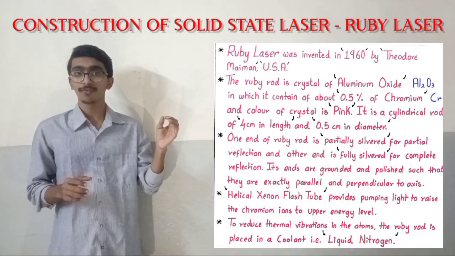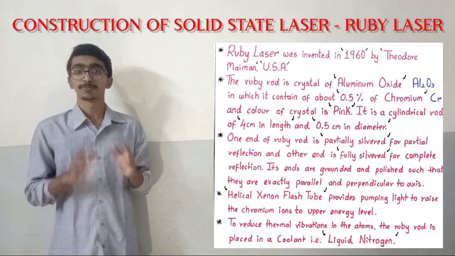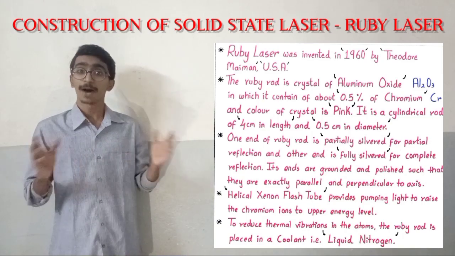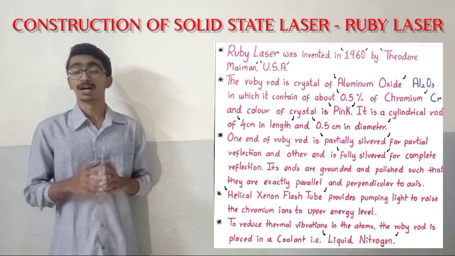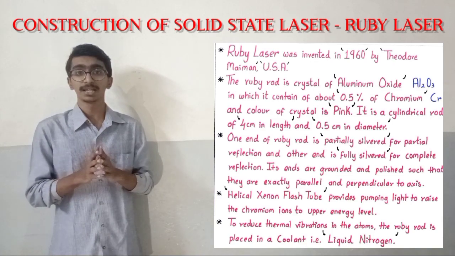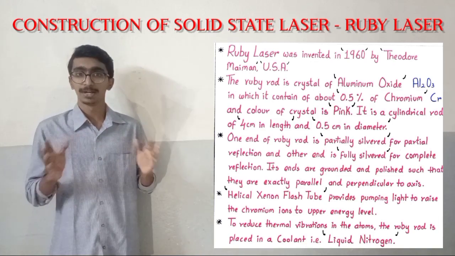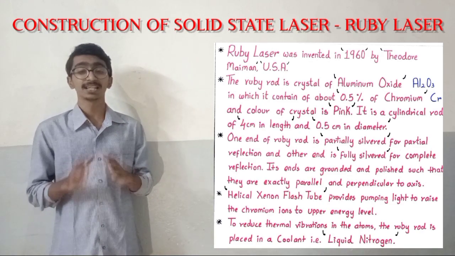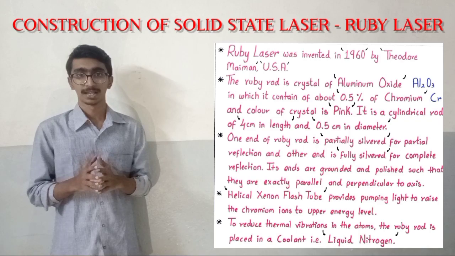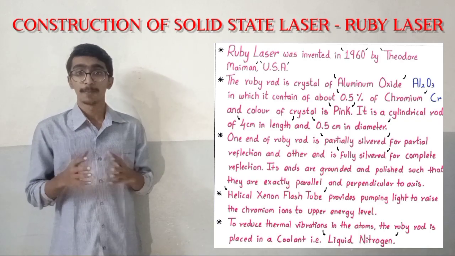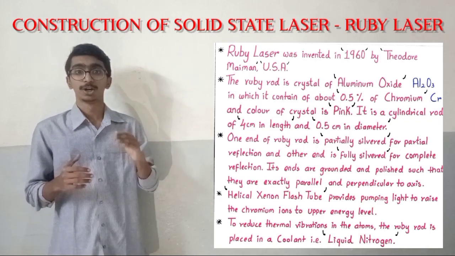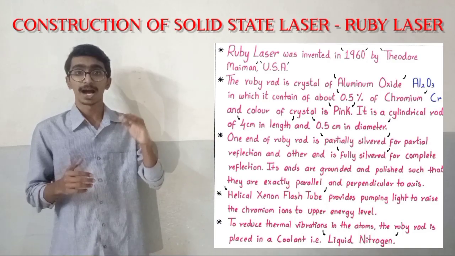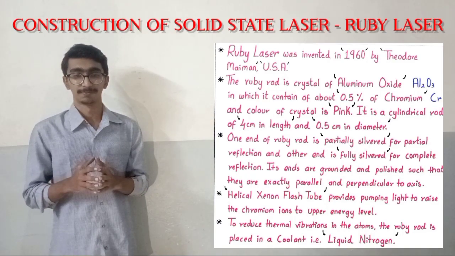One end of the rod is partially silvered for partial reflection, and the other end is completely silvered for complete reflection. The third major part is the hexagonal xenon flash tube. This xenon flash tube provides pumping light to raise the chromium ions to the upper energy level.